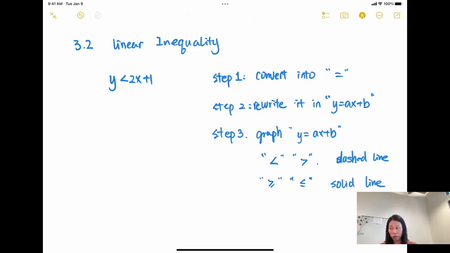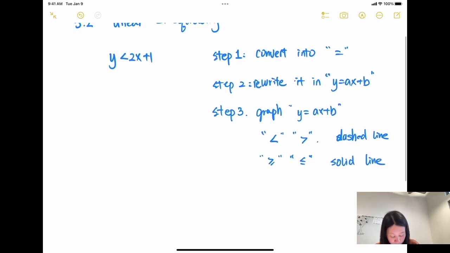I'm going to show you later. Okay. Step 4, pick a test point on either region and see which one satisfies the less than or greater than condition. I'm going to show you how to do it for step 4 later.